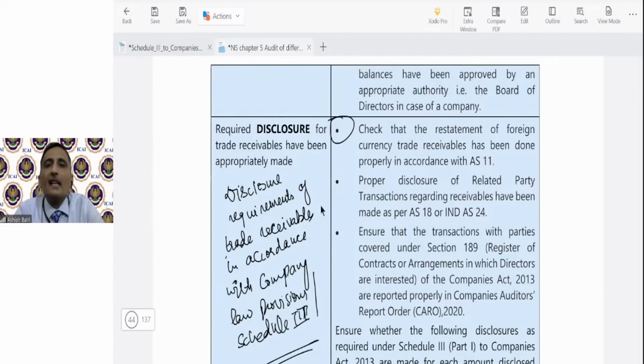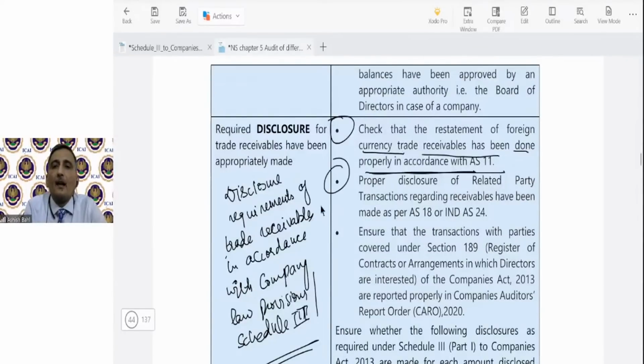All these detailed requirements you would be reading about in AS 11. This is the meaning of checking that restatement of foreign currency trade receivable has been done properly in accordance with AS 11.